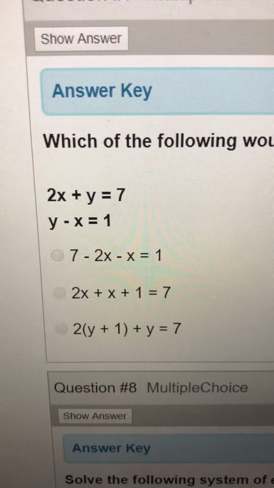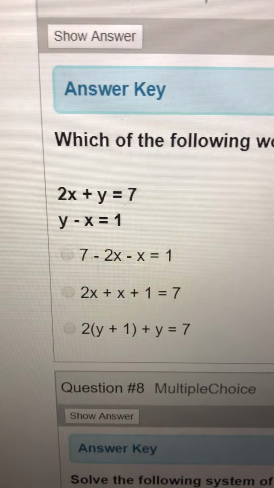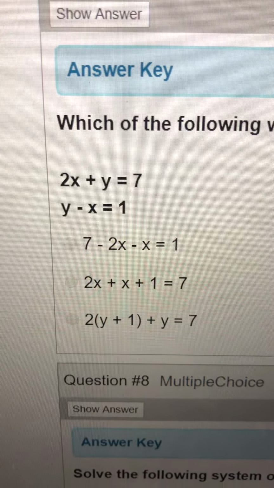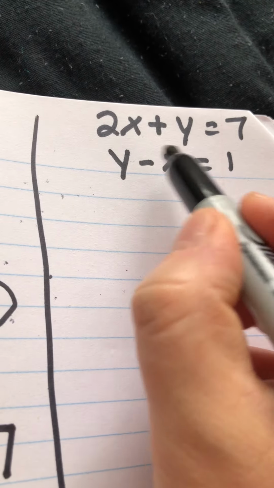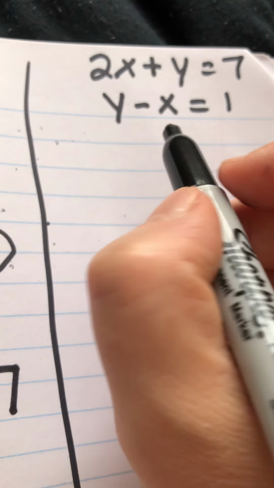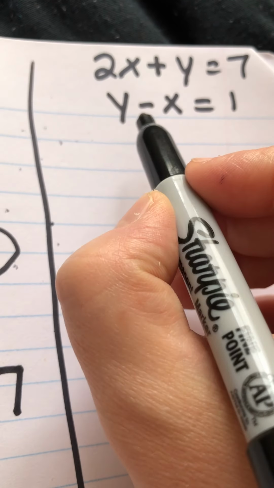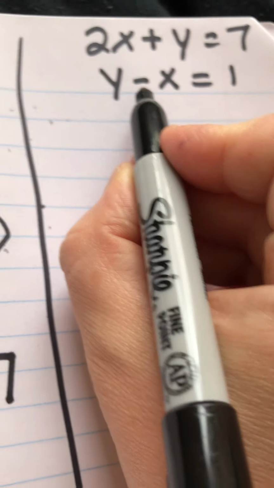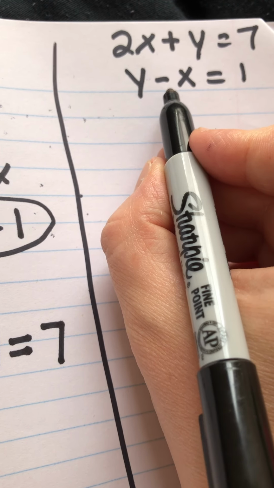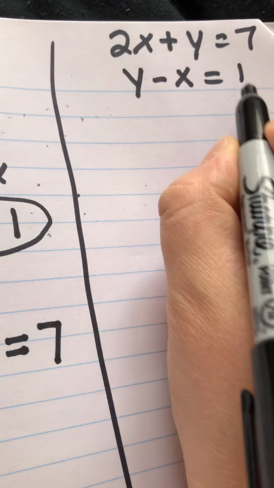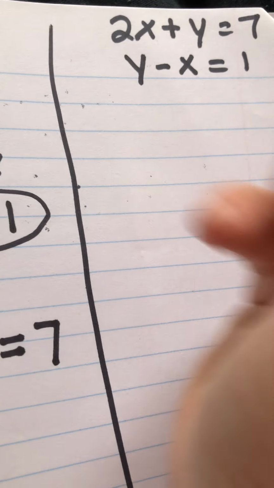Now let's see what happens if we go ahead and substitute for x. So this time, instead of getting the y by itself, we want to get the x by itself. So the way to do that would be to get rid of the y. Now, because this x has a negative in front of it, it might be easier for us just to switch our x and our 1 to get the x by itself.